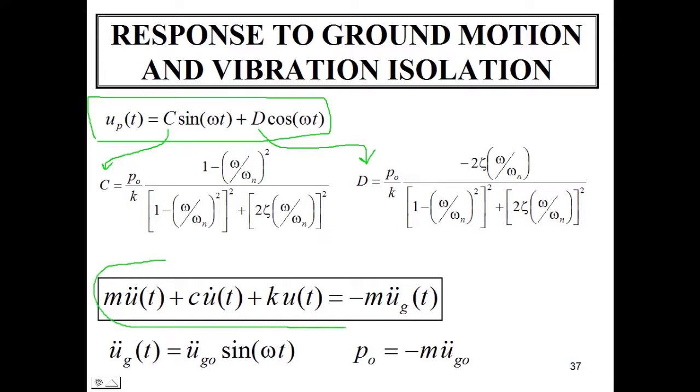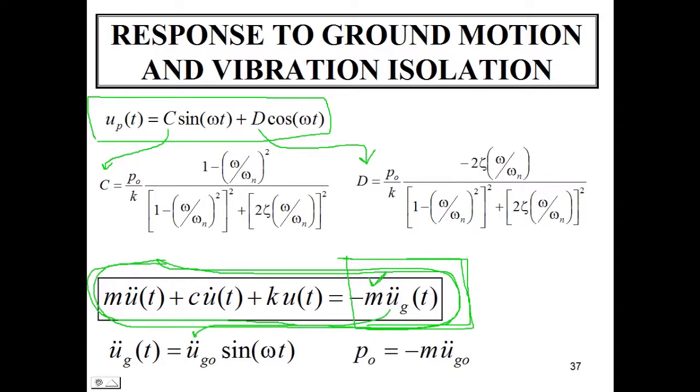The equation of motion of a damped system under earthquake excitation is similar to the equation of motion of a damped system under harmonic force, with the exception that the term P0 sine omega t should be replaced with this term, where m is the mass of the system and u double dot g of t is the ground acceleration. The ground acceleration is the ground acceleration amplitude times sine omega t. Please check chapter 1.